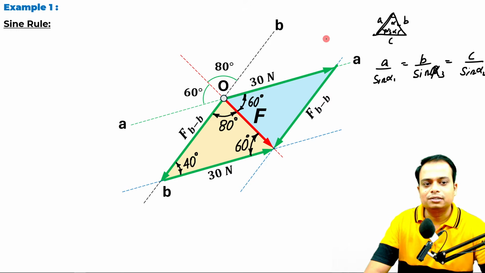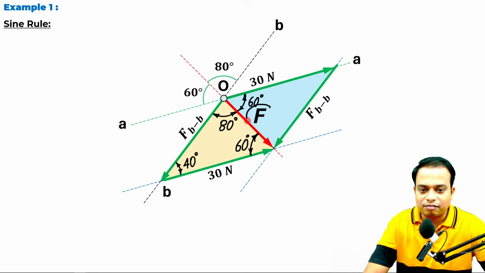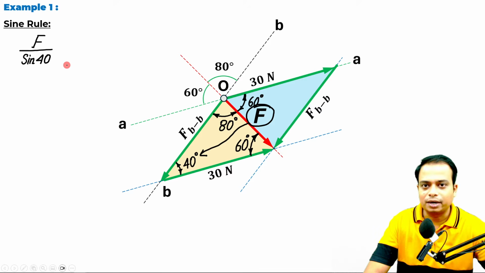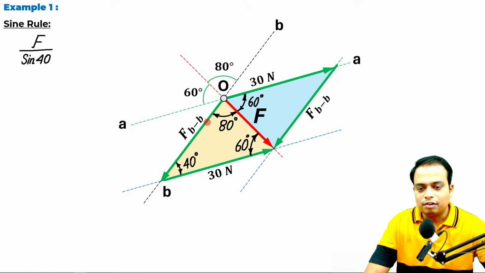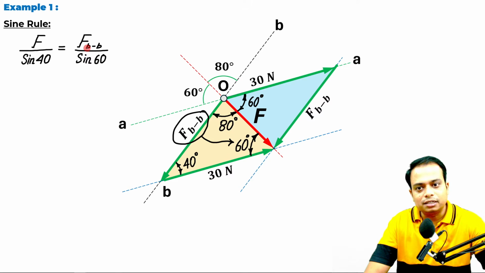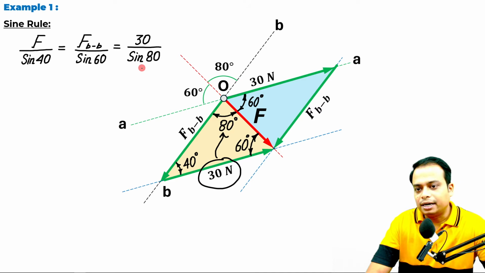The idea is if you choose any particular side, let's say you start with F, then the angle in front of F is 40. So F divided by sine of 40 is what you are going to write. Secondly, if you choose this FBB, then the angle in front is 60. So FBB over sine 60. And finally, you have this 30 Newton force. The angle in front is 80. So 30 divided by sine of 80.